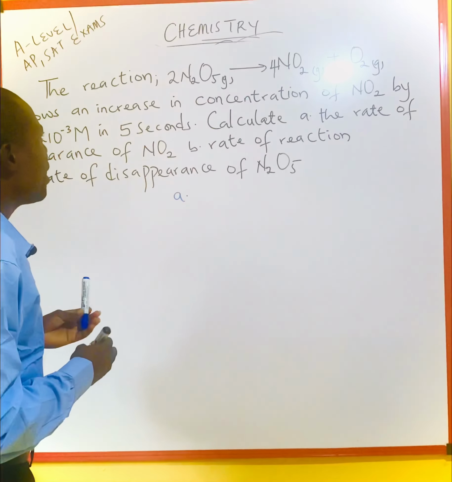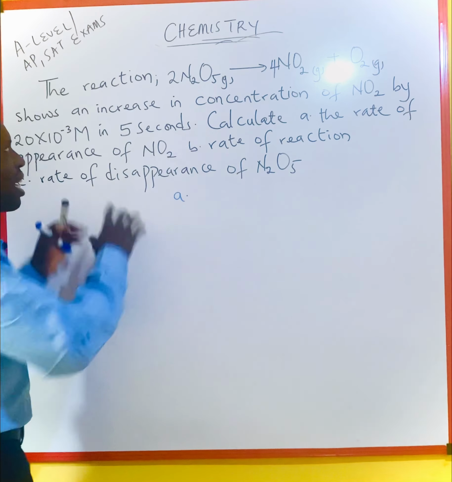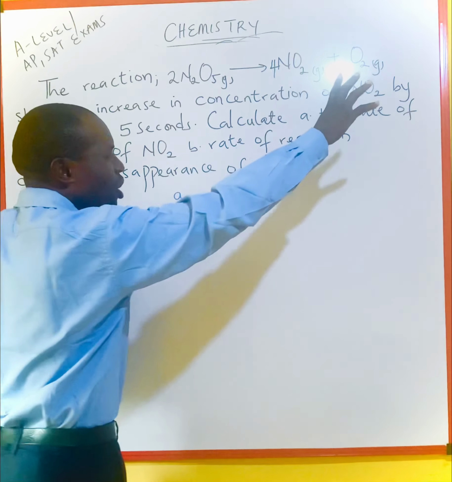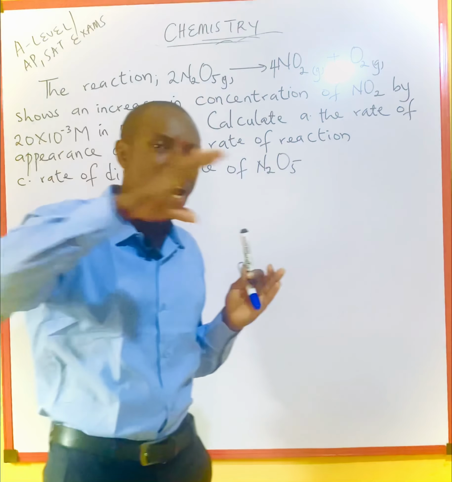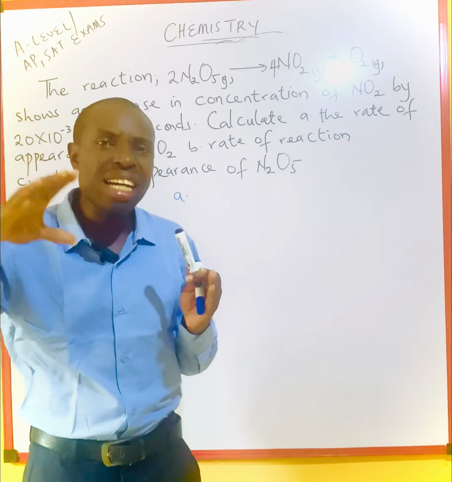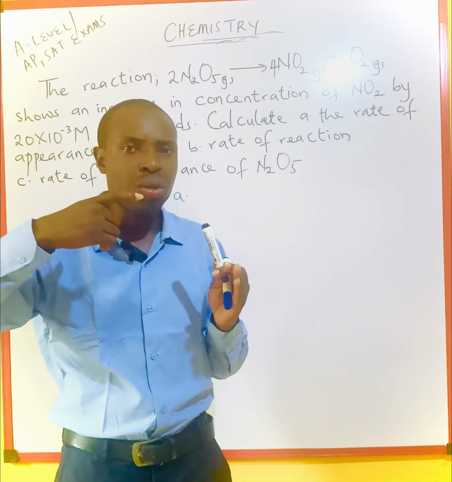Before then, we want to write the rate of this reaction in terms of the disappearance of the reactant and appearance of the product.